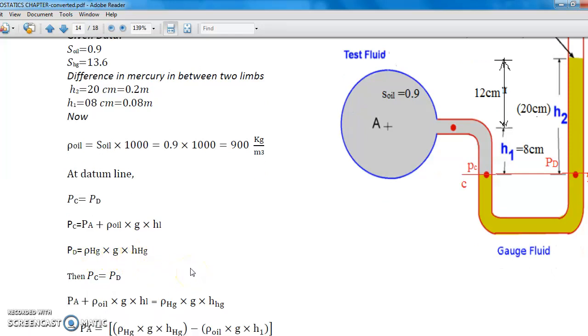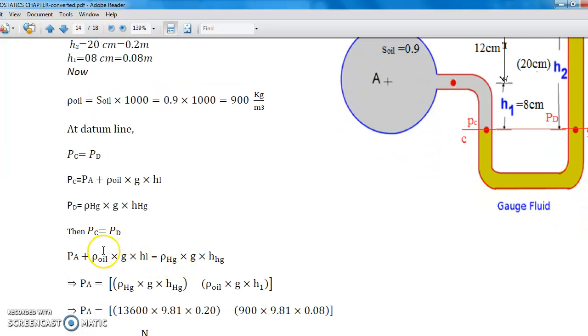Left side pressure PC, right side pressure PD, then you have to equate PC is equal to PD. So on the left side, PA plus density of the oil into G into H1 is equal to density of the mercury into G into H2.